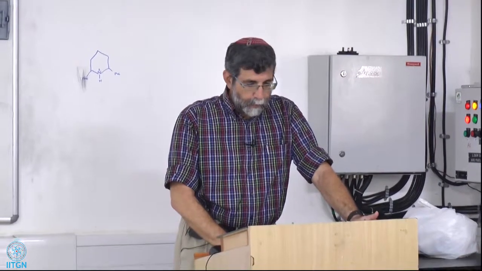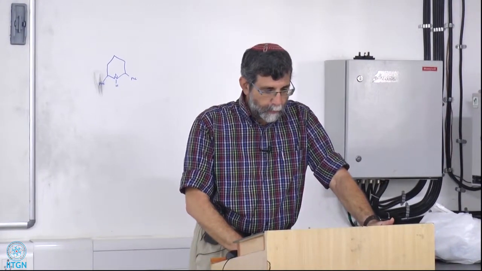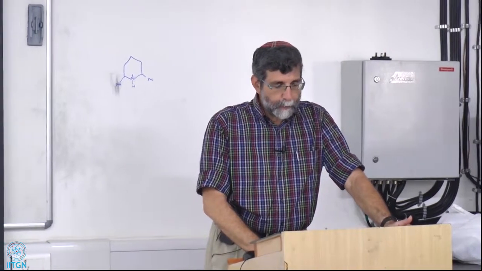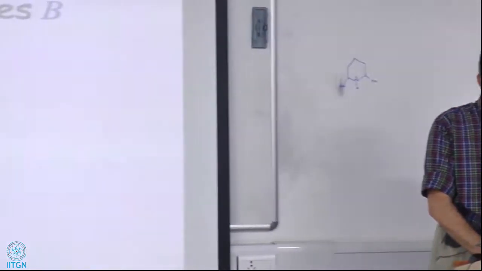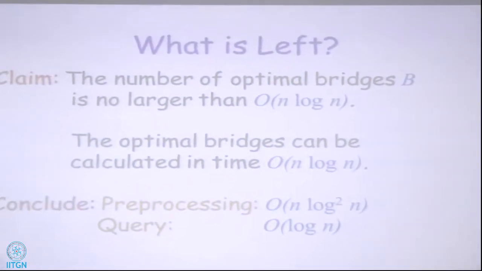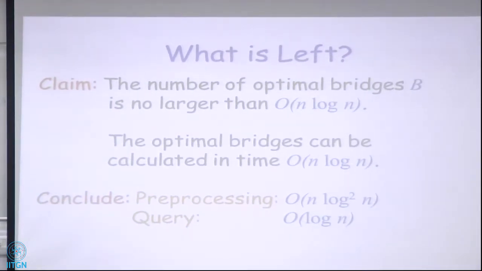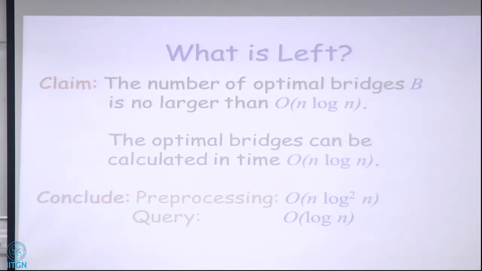So we're going to be doing a max query on the range ij. That gives the highest bridge. So what's left really here is to show that the optimal number of bridges is no larger than O of n log n, and that the optimal bridges can be calculated in time O of n log n. At that point, we're going to get pre-processing of n log squared n and a query time of log n. So that is what I promised.